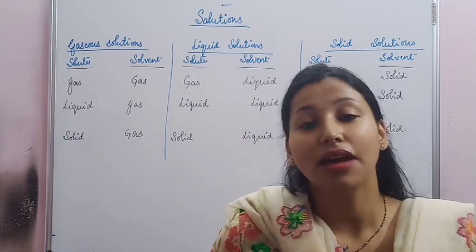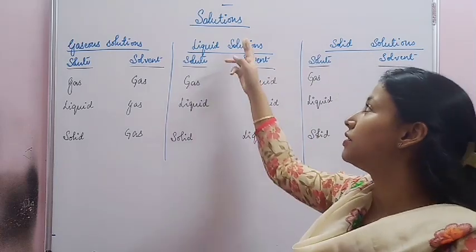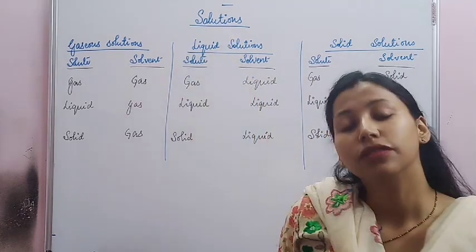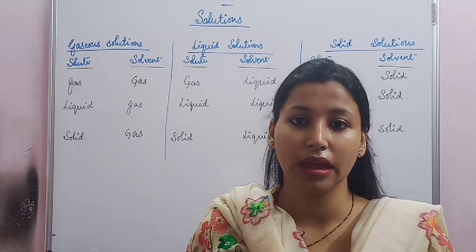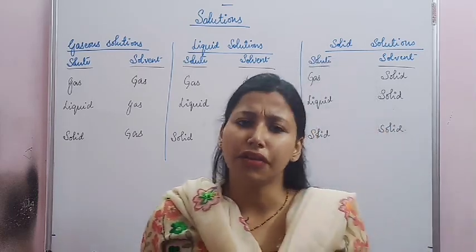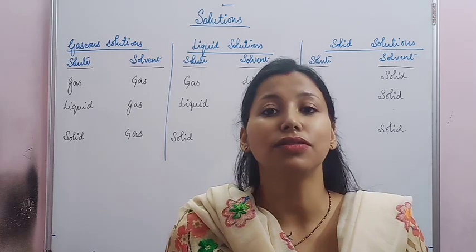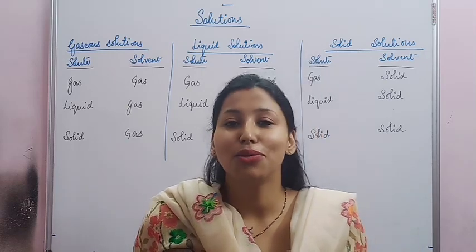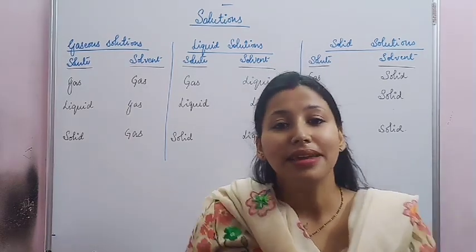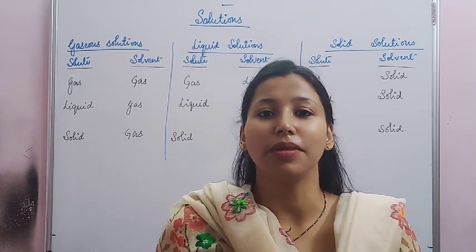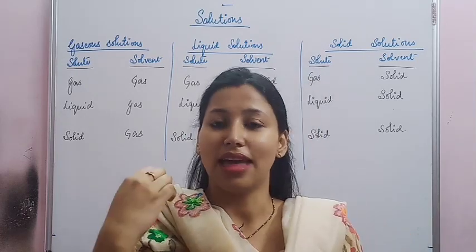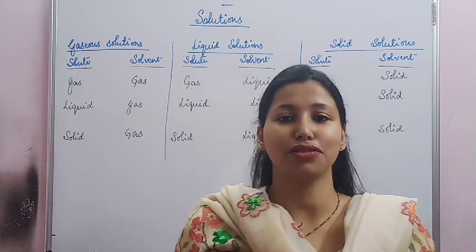Now, the chapter that I have chosen is Solutions. Solutions is the second unit of your Part 1 book. All of you are very well aware of what a solution is. If I ask you what a solution is, you will immediately answer that, ma'am, solutions are made up of two components, that is solute and solvent.